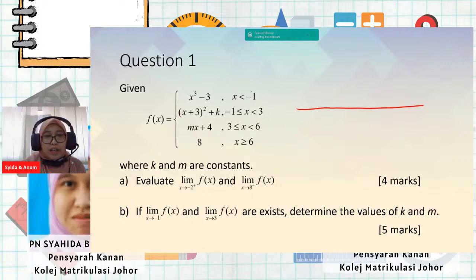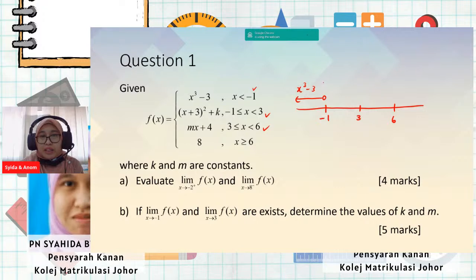Now on our x we have -1, 3 and also 6. So -1, then 3, and then 6. Okay, so x less than -1, the function is x cubed minus 3.